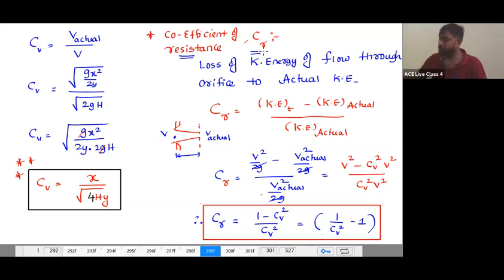Okay. So I hope you understood this. So these ratios are important, my dear. These ratios are really important. Yes. So now let's see some of the problems regarding this orifice.